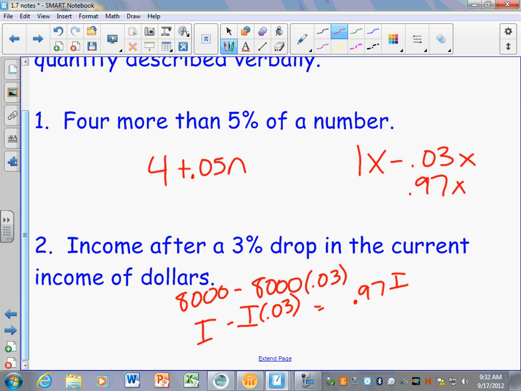You start with 100%, and you're losing 3%. Hopefully you're gaining 3%. Hopefully you get a raise every year, and you get a 3% increase, and you could do it the same way. You could add 3% of your income, and then you would have 1.03.